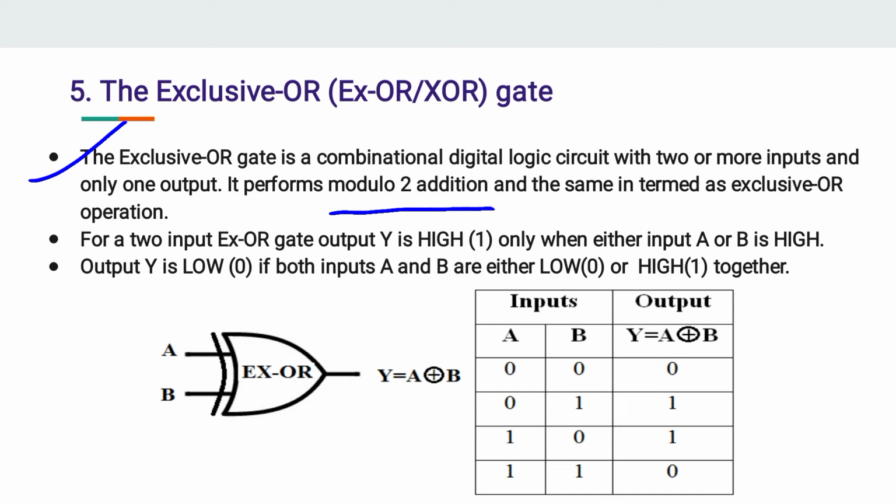Clear? The main operation behind the XOR gate is modulo 2 addition. So when it comes to the truth table, we are going to get a high output, a 1 output, only when either of the inputs A or B is high.